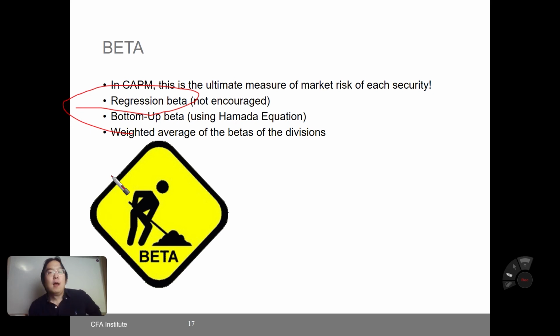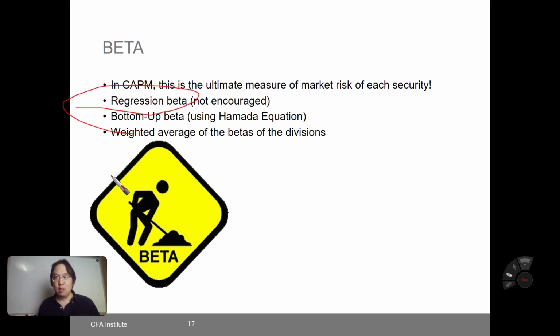We're going to talk about it, and this is why we need an alternative approach called bottom-up beta, using the Hamada equation. So wait for that part. What kind of character are we talking about? Capital structure or industry character, that kind of thing will be discussed. And once we discuss the bottom-up beta approach, how about when you have multiple divisions?